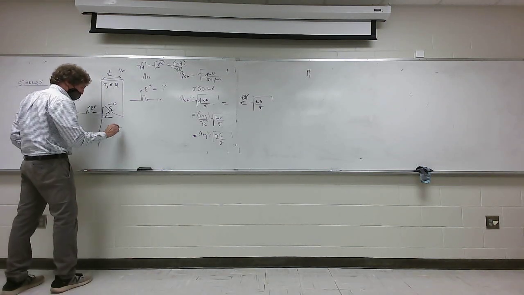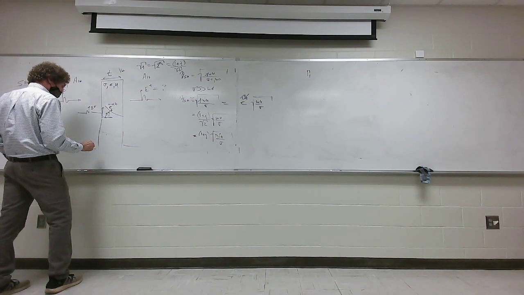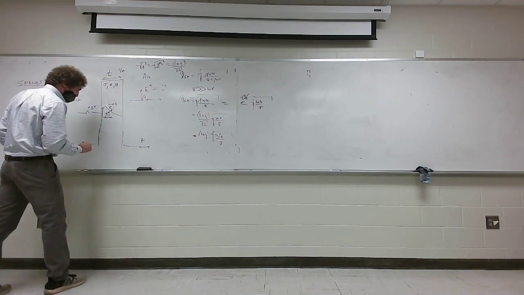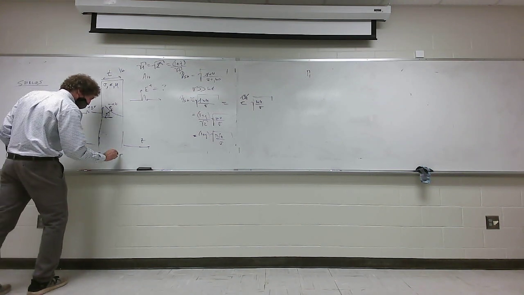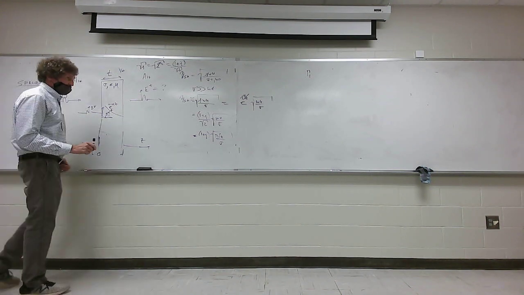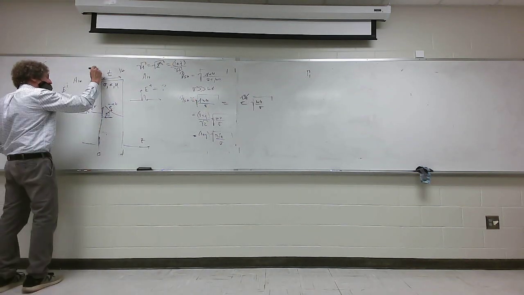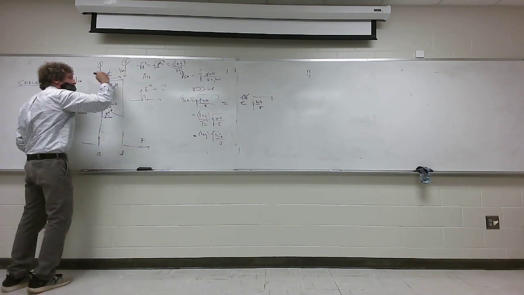Let me do a few other things too. Since I got the thickness, I'll make this the z-axis right here. And I can make this 0 and this d, but it won't matter. So now call this boundary 1 right here, and call this boundary 2.